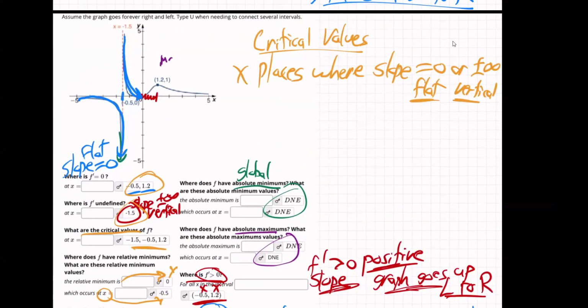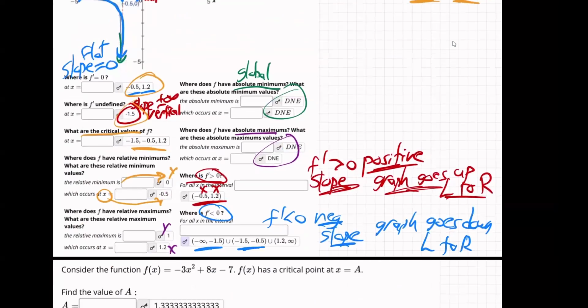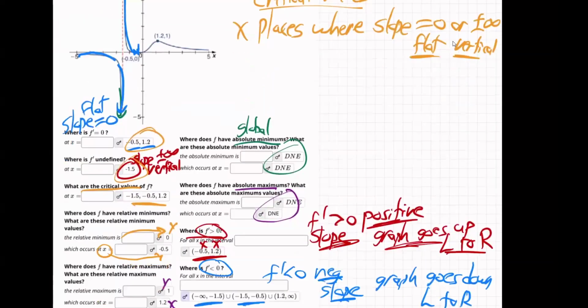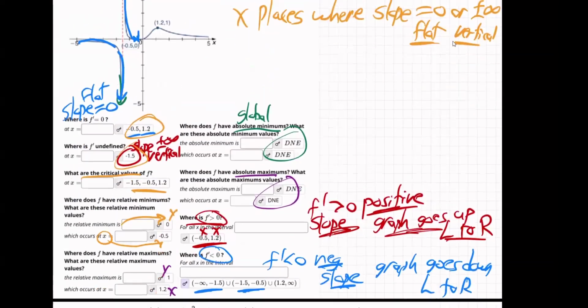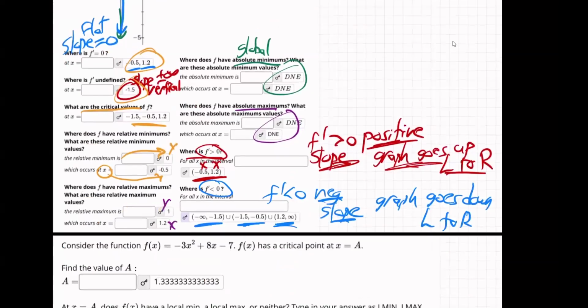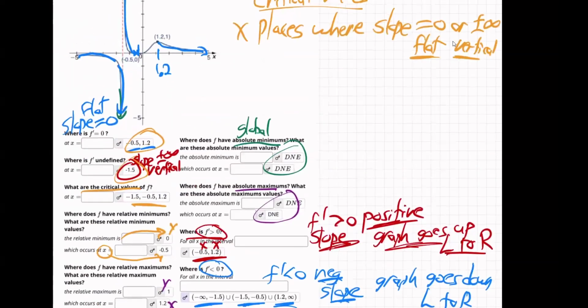Because this spot right here is negative 1.5. That's the first one. Then negative 1.5 to negative 0.5, it's this section, which ends at negative 0.5. And then the final section, from here to there, it's going down, which is 1.2 to infinity. And so there we go. Those are all the places the graph is going down.